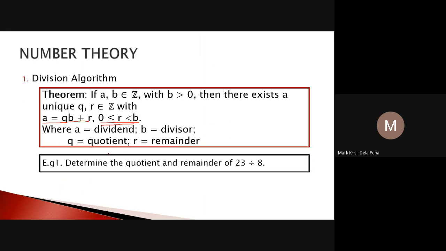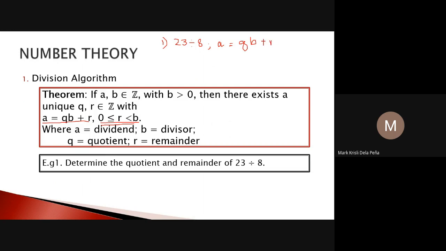For example, determine the quotient and remainder of 23 divided by 8. Now, if we use this theorem, how would we solve it? Let's write here. For number 1, write 23 divided by 8. How would we write it using the division algorithm? Remember the equation: a, the dividend, is equal to the quotient times the divisor plus the remainder.